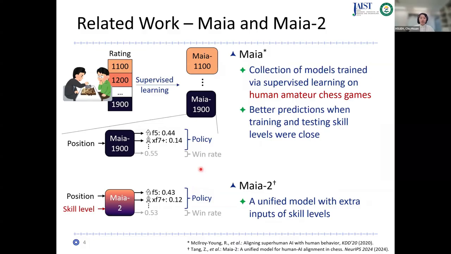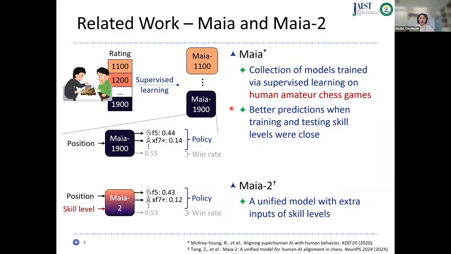A worth mentioning related work is Maia, which is a collection of models trained via supervised learning using human amateur chess games. In this work, the authors collected many chess games played by human players and grouped them into different rating tiers. For each rating tier, they used supervised learning to train a model.